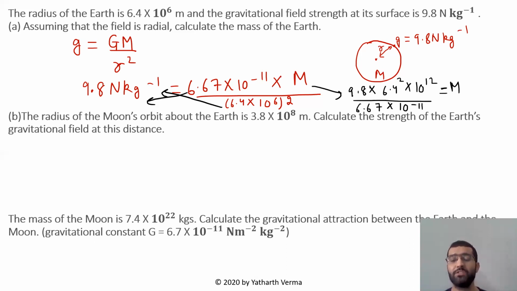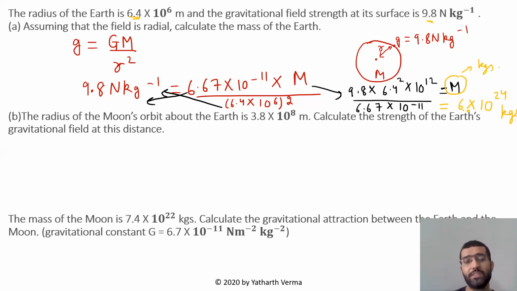And because we have taken all the standard units, the mass will come out in kgs. When I solve all of this, I get my answer as 6 × 10^24 kg. You can say 6.0 because there are two significant figures here. That is the mass of the earth.